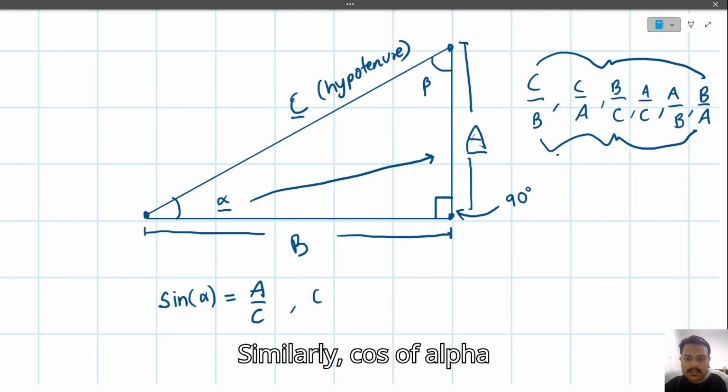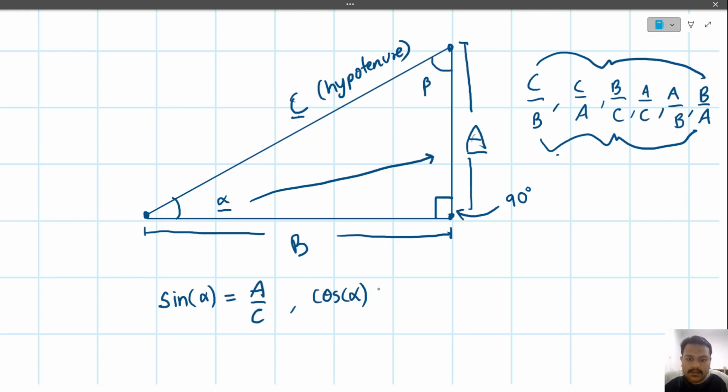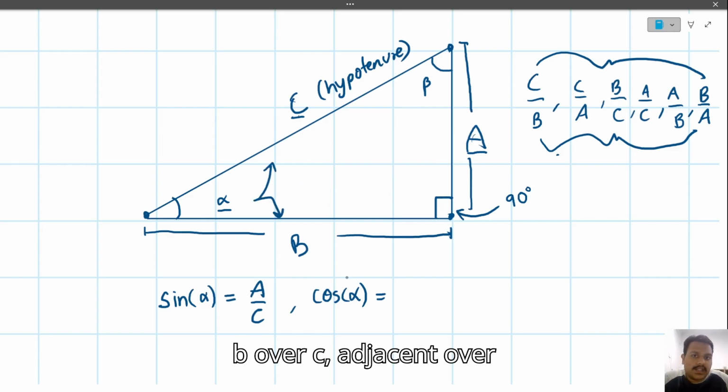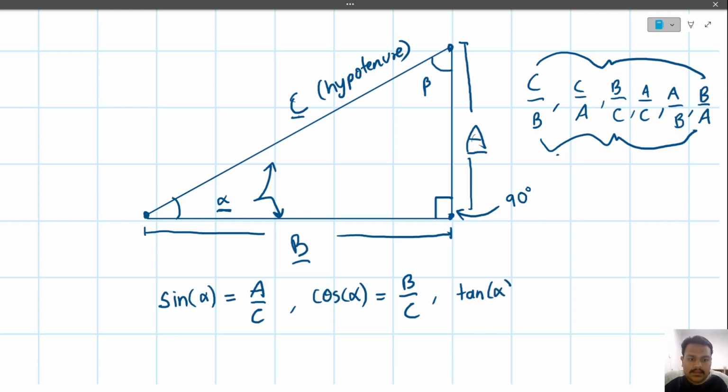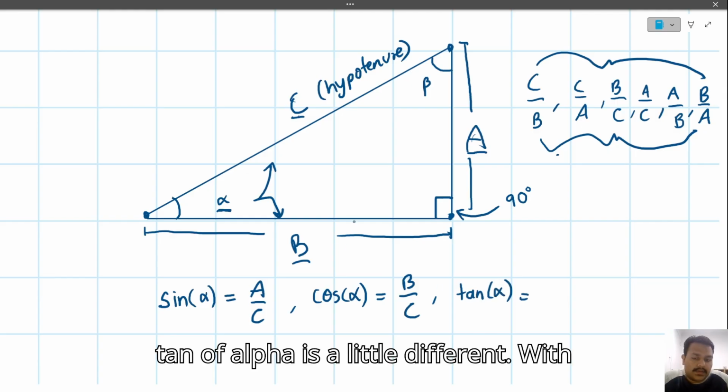Similarly, cos of alpha is given by B over C, adjacent over hypotenuse. This B is adjacent to alpha, so we simply do B over C. Tan of alpha is a little different.